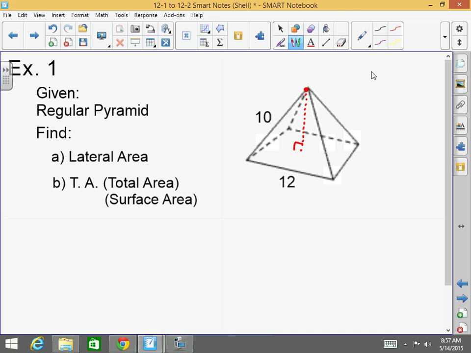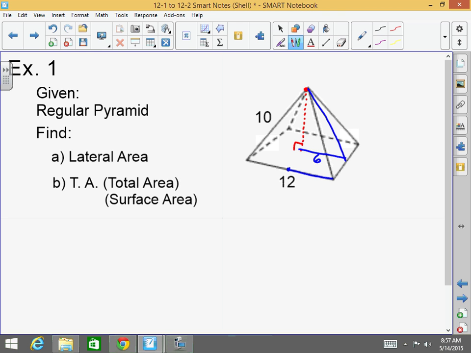No, it's not a 3, 4, 5. Look, check it out. And yes, you were right. Let's do this slant height here. I know that this is 6, correct? Because it's half of this base, right? And I know that this is 10.